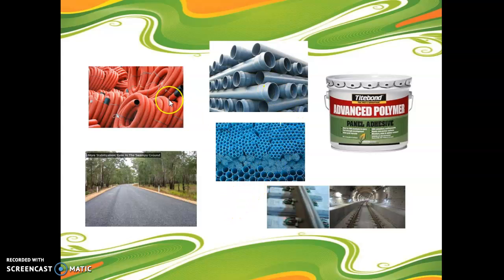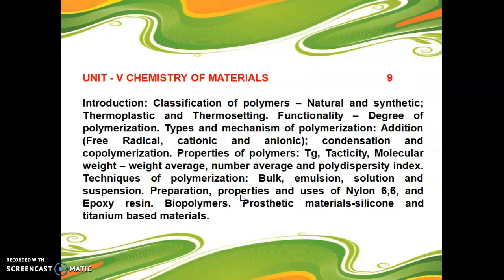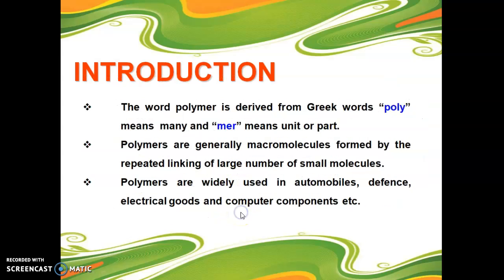Here you see plastic tubes, plastic rods, paints, adhesives. Yes, this unit is of chemistry of materials. So in this unit, we will discuss different types of polymers, classification, its properties, preparations, mechanisms, etc.